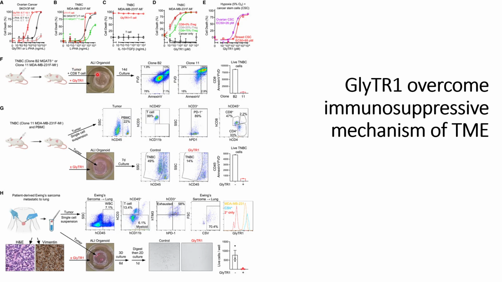So they took these triple negative breast cancer tumors in which MGAT5 has been knocked down, and cultured them in the mice, and then took out some of these cells and made an organoid out of it, and also added GlyTR1.